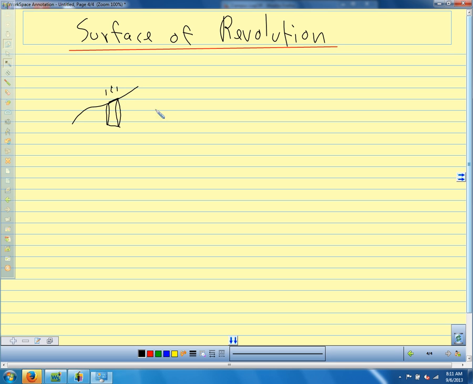So that's the connection between arc length and surface area of revolution. We're taking this little piece of the curve and revolving it about an axis, so we end up with approximately a tiny little thin frustum of a cone. And that's where the formulas come from.